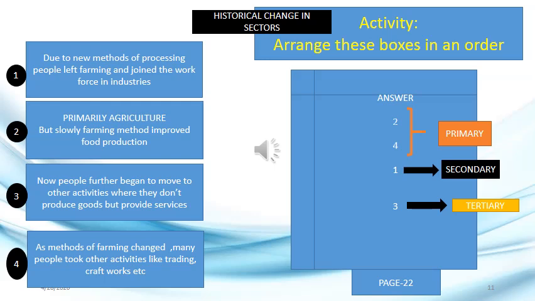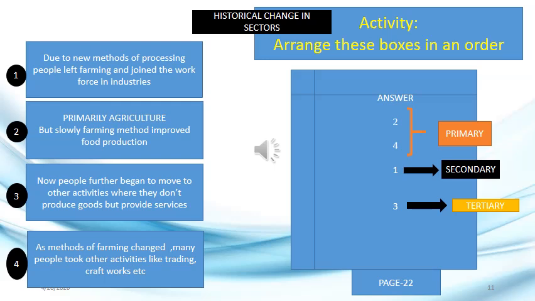As these 2 sectors progress, the tertiary sector also flourishes. If you see any countries of the world which are called developed countries today, they have progressed like this. Initially primary, then shifted to secondary, and now they are stressing more on tertiary. That doesn't mean they are not having enough food to eat. They are self-sufficient in primary sector, but they are moving towards tertiary.